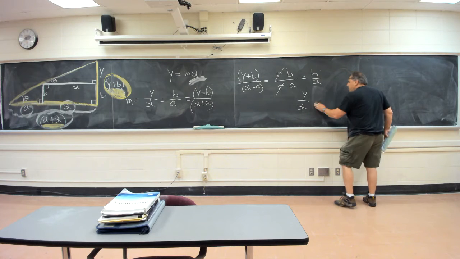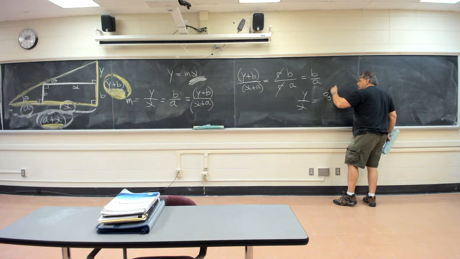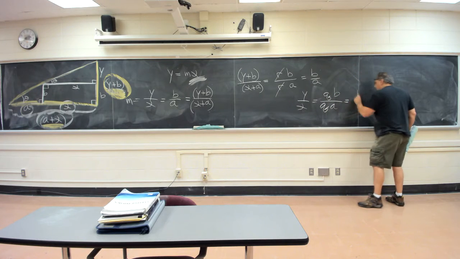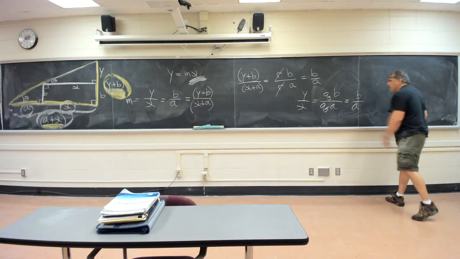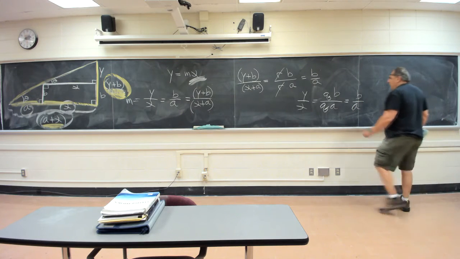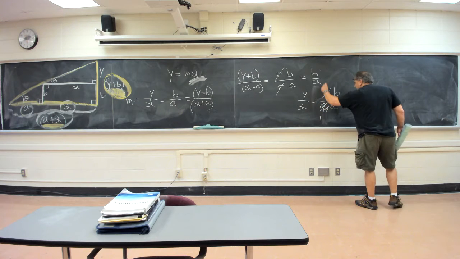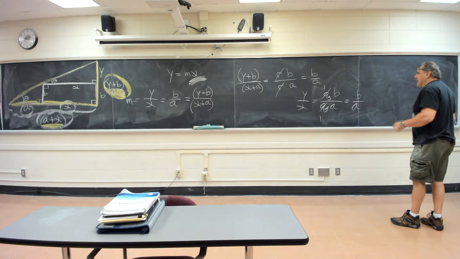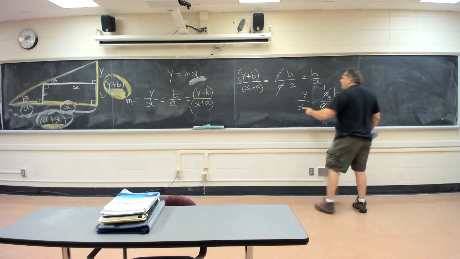So in other words, this would be q times some b, q times some a, that's b over a. And yeah, it would work that way. If you can get things to look like that, this is very important.